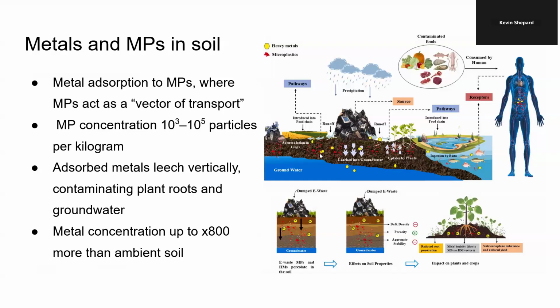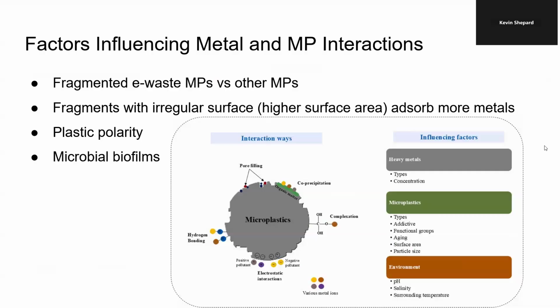It was found that in areas where there is microplastic, the metal concentration is almost 800 times more than the ambient soil, a significant indicator that these microplastics are causing these regions of high concentration, meaning metals and microplastics go to the same place, as metals go onto the microplastic.